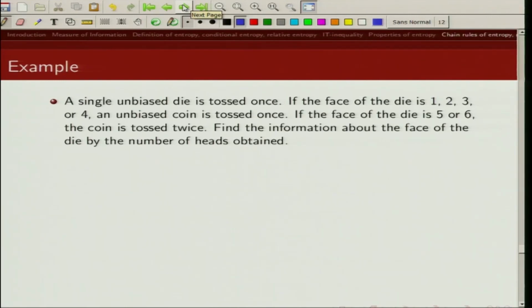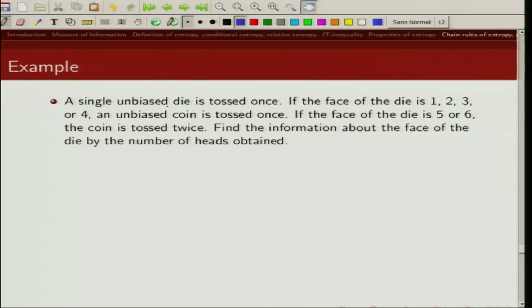Now we will just conclude with one example to illustrate how to compute mutual information. You have a single unbiased dice which is tossed. This has numbers from 1 to 6. Now if the face of the dice is 1, 2, 3 or 4, you are tossing an unbiased coin.